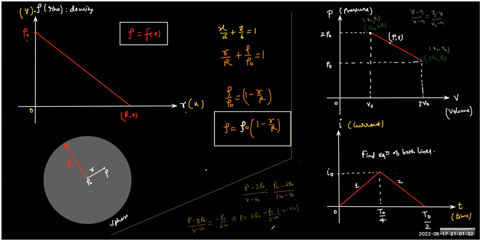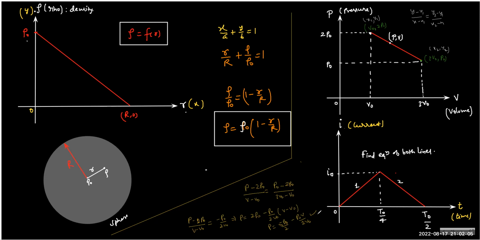If I rearrange, minus cancels. 5P0 by 2 was the right answer someone told me. I think this was the answer, right? Yes, sir. This is the right answer. It may look weird to you, but that's the right answer.